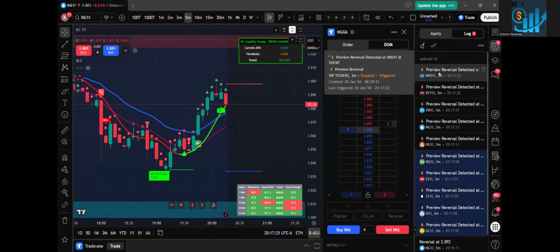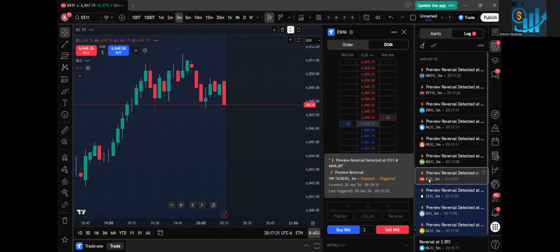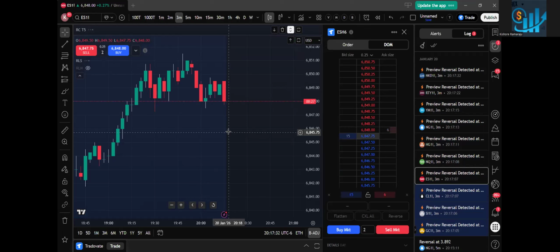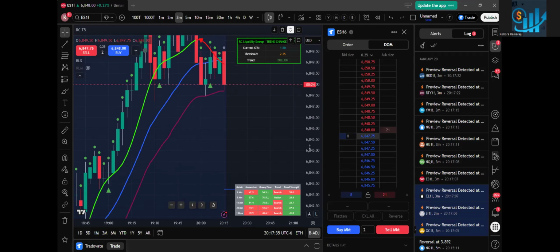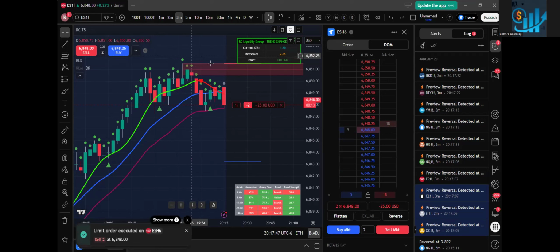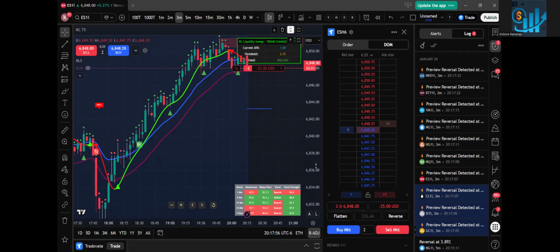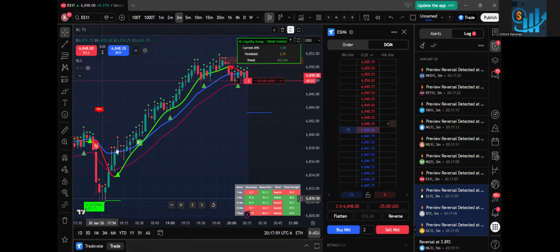It's indicating that there might be a reversal on ES and Q copper. So I'm taking a short on ES. ES made a big move from 68.31.